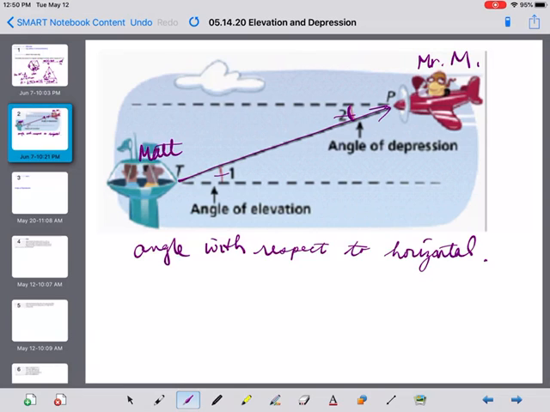All right, here. Let's see. We want to find the distance between me and Matt. Okay. We are able to tell the angle of elevation is 58 degrees.